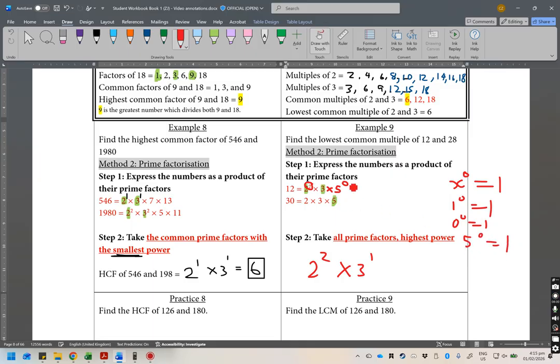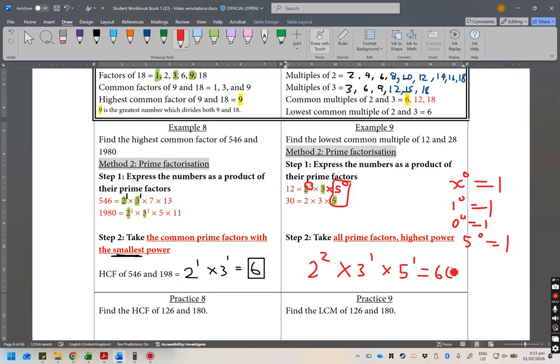So you can help yourself visualize better. It is as if both of them have the factor 5, but 12 has the factor 5 to the power of 0, which is actually 1. So the highest power will then be 5 to the power 1. So this will give us 15 times 4, which will be 60.